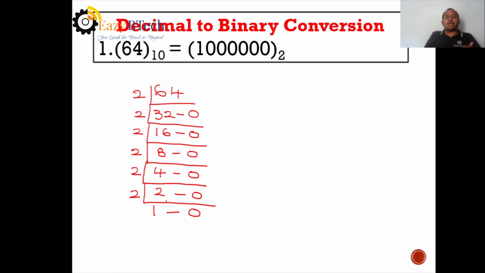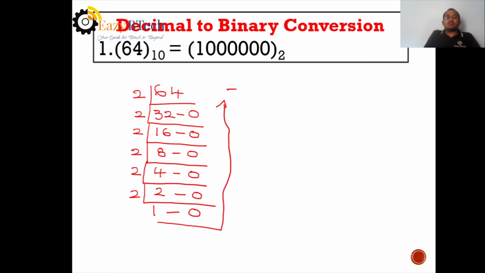So what we have to do is, whatever remainders we got, we have to write them in the reverse order, or from bottom to top.